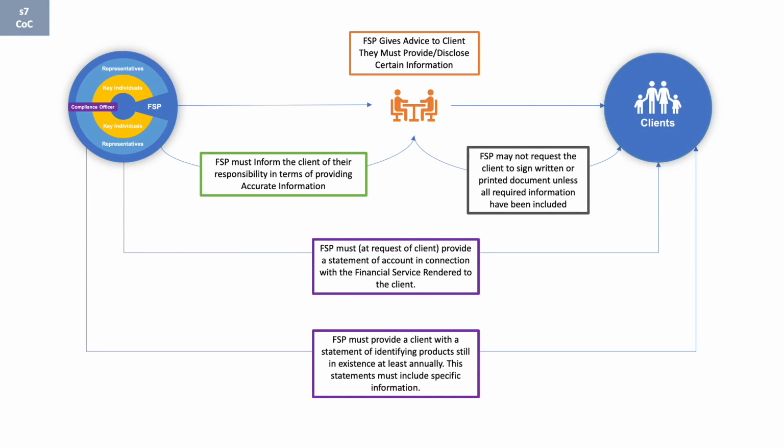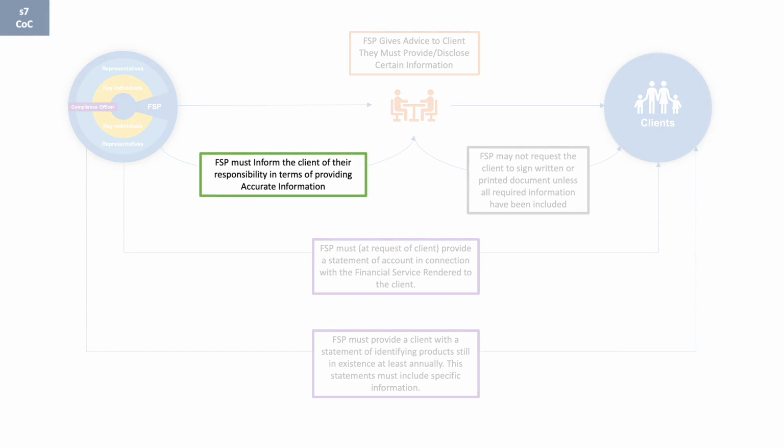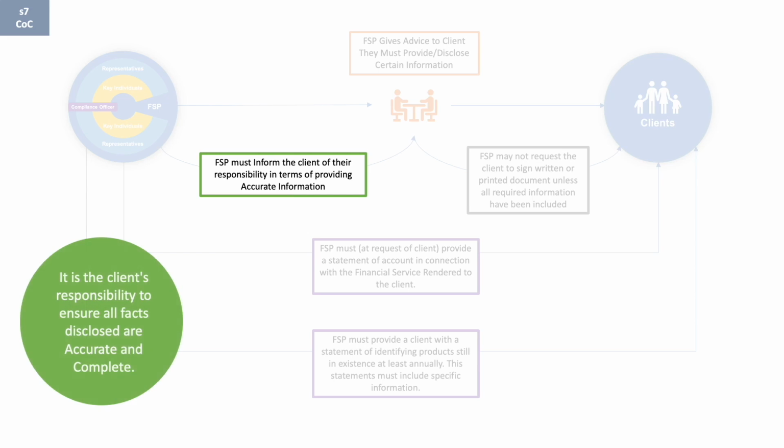We will now cover facts that the FSP must tell and inform the client of: the client's responsibility in terms of providing accurate information. It is the client's responsibility to ensure all facts disclosed are accurate and complete.